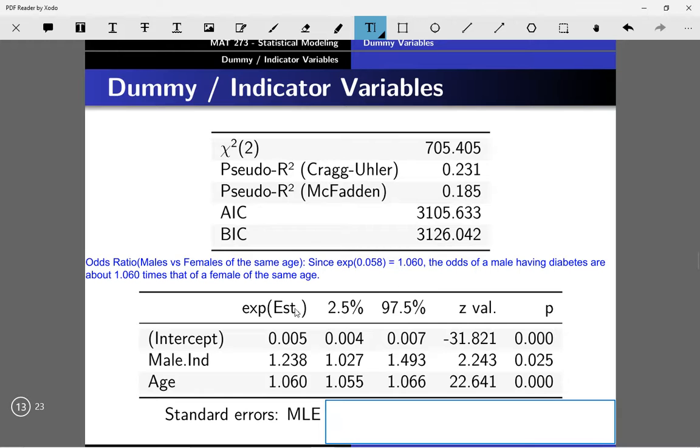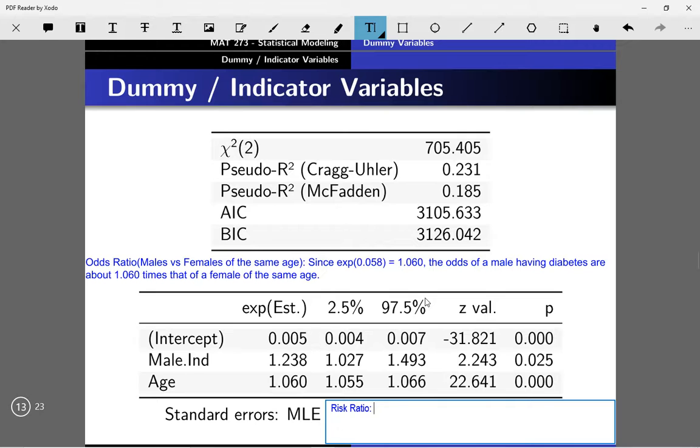So instead of the odds ratio, we can get what's called the risk ratio. In epidemiology, they like to call this the risk ratio. It's the ratio of the probabilities. So we get the probability of diabetes for men for a given age, the probability of diabetes for women of a given age, and then calculate the ratio of the two.